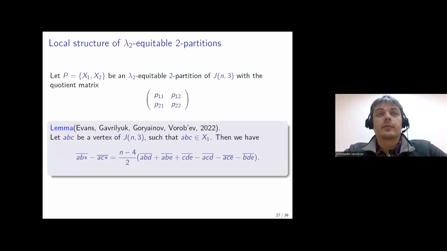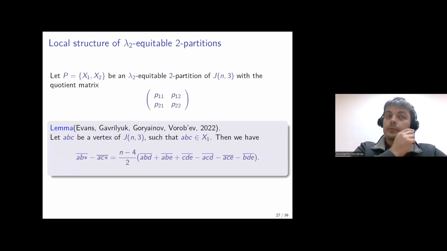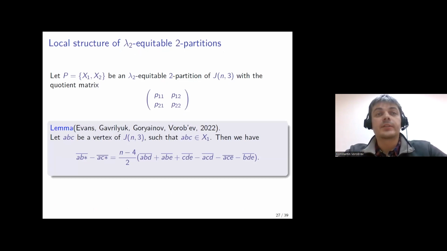Okay, and the main lemma here is the following. If we have a vertex of a Johnson graph J(n,3), and it is an element of the first cell, then we have the following equation. From the left side, we have the difference of 2 overlined cliques, and from the right side, we have a sum of some values multiplied by (n minus 4) divided by 2.